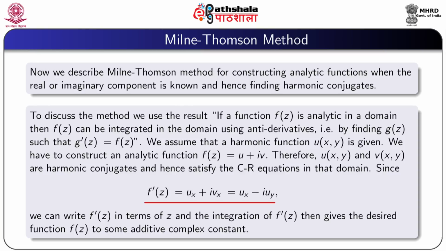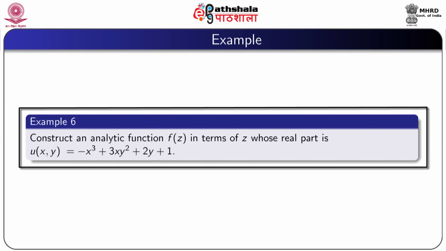Since f'(z) equal to ux + i vx, and that is equal to ux - i uy, we can write f'(z) in terms of z, and the integration of f'(z) then gives the desired function f(z) up to some additive complex constant. So now we take an example.